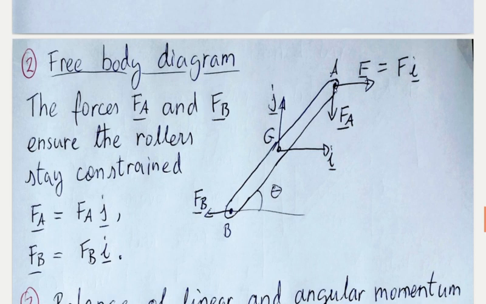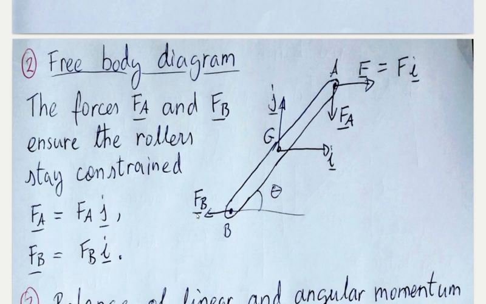So if it tries to move up, the structure that the roller's on, this rolling joint, will place a force to stop it from moving up. Similarly, B can only go up and down, so when we apply a force here, the bar will try to move in other directions, but the roller joint will stop it by placing a force Fb. So we don't know what these forces are.